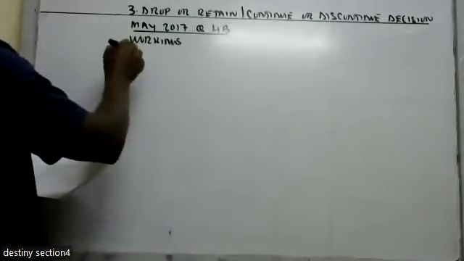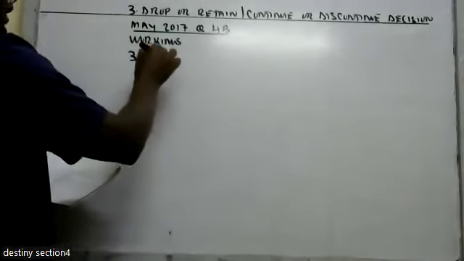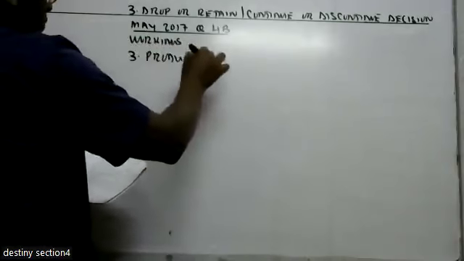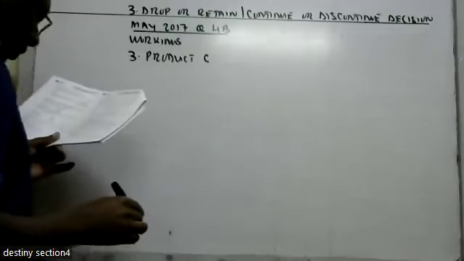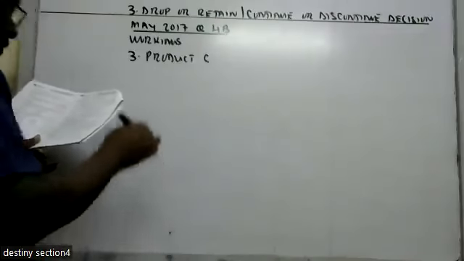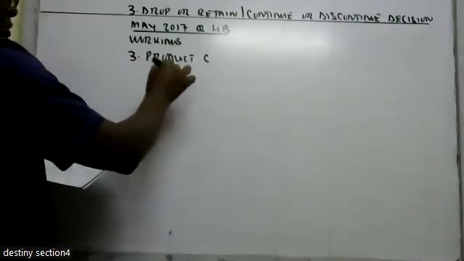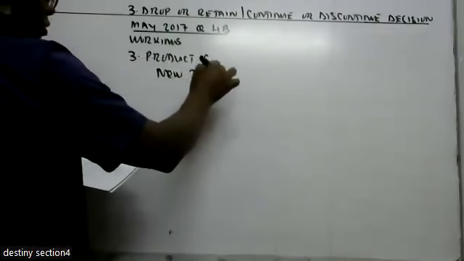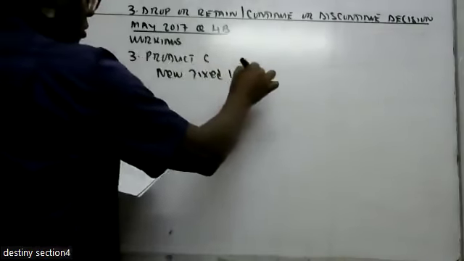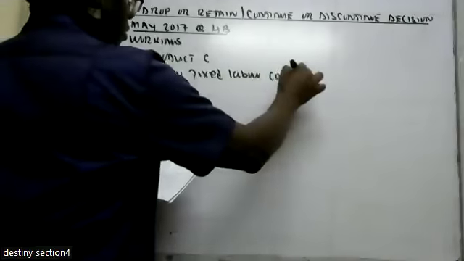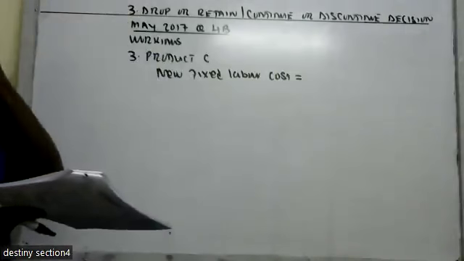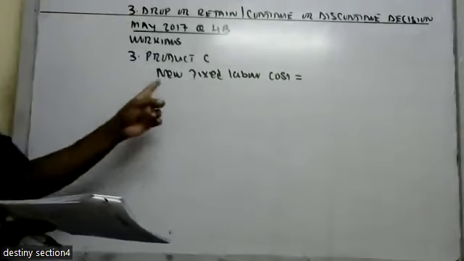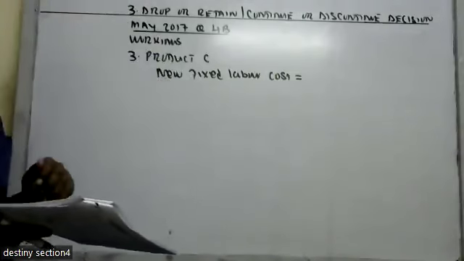Number 3, we can have working for product C. New fixed labor costs. Enda pale tulikuwa tumefanya working za labor cost.